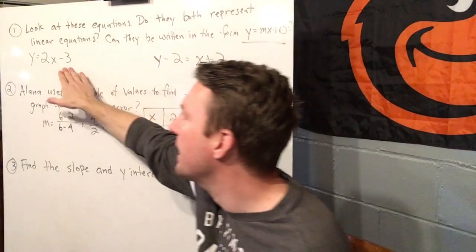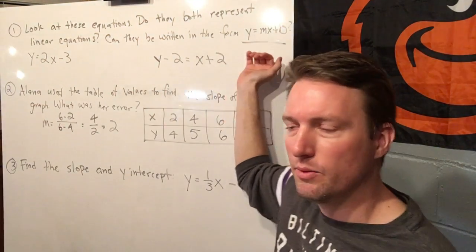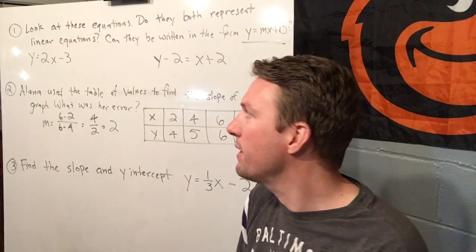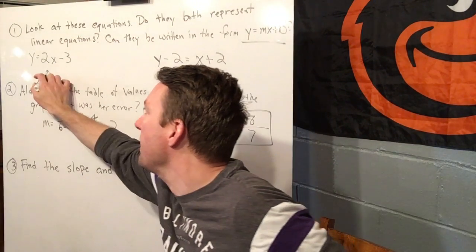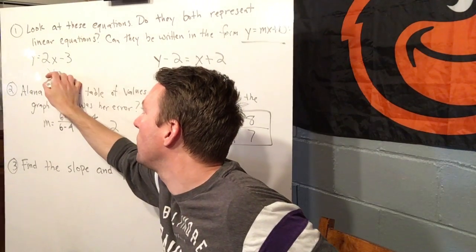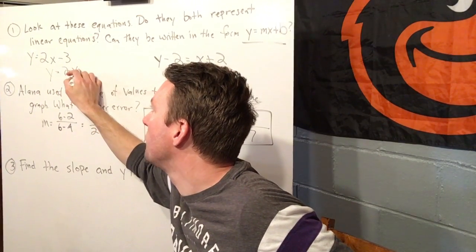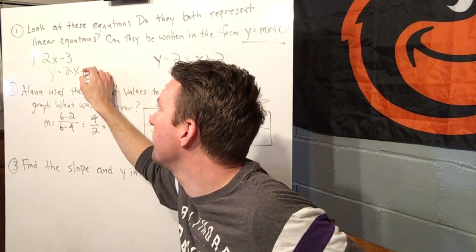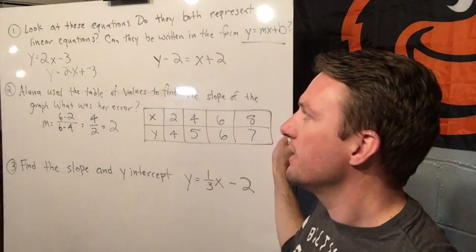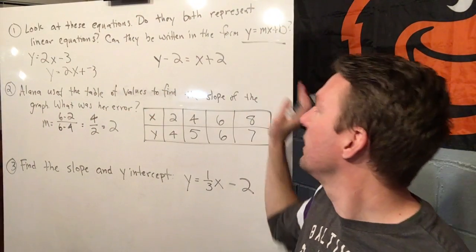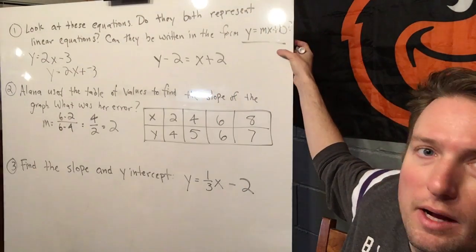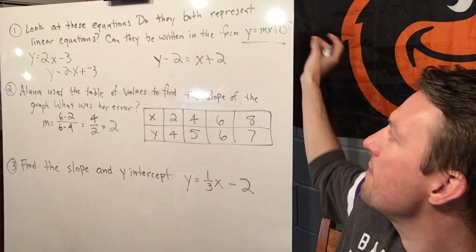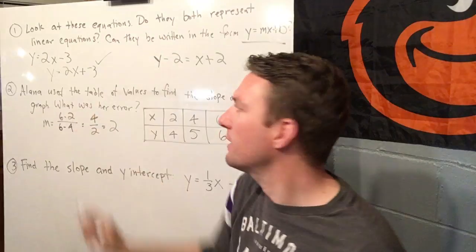So how do we take a subtraction and turn it into addition? Well, we can simply add the negative. So we can make it y equals 2x plus negative 3. Okay? Now what we did is we just took our equation here and turned it into a linear equation, y equals mx plus b. Check.